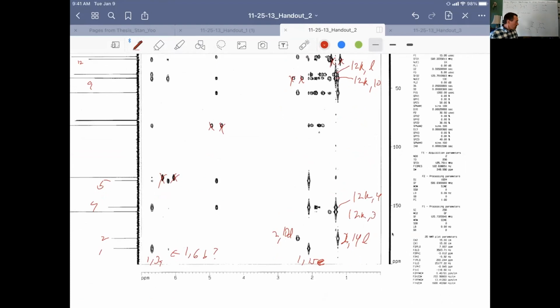And it's not an allylic methyl. It's not a methyl on a double bond. That would put it at about 1.7 ppm. So that's really our linchpin.